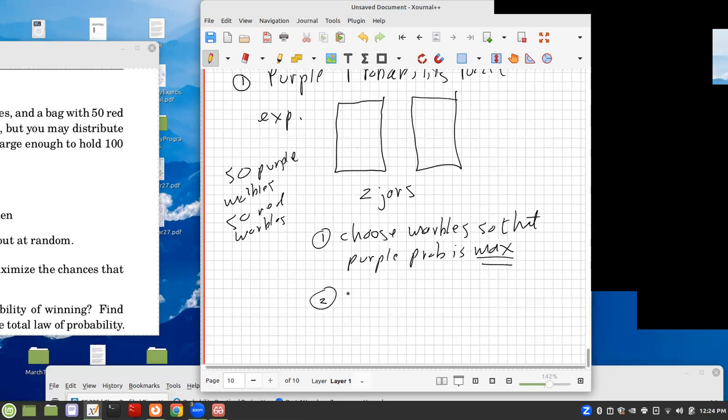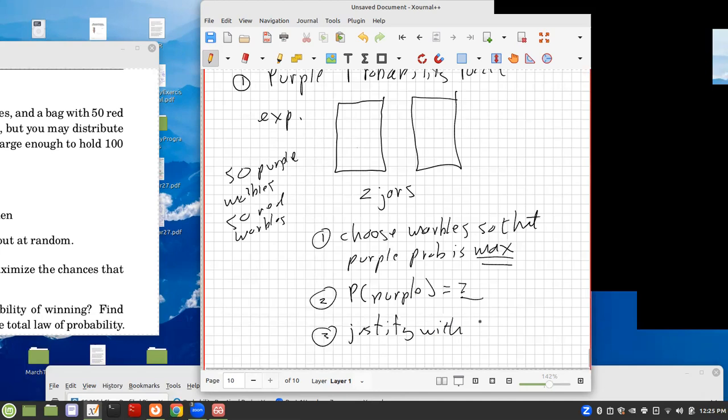Two, what is the probability of that purple marble being drawn? And three, justify with conditional probability.